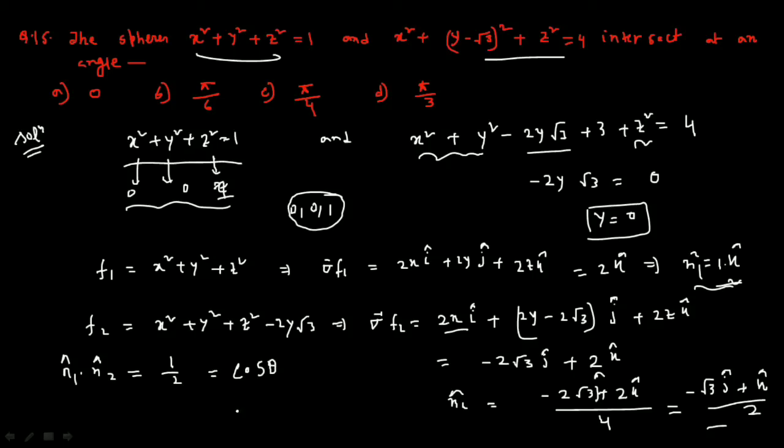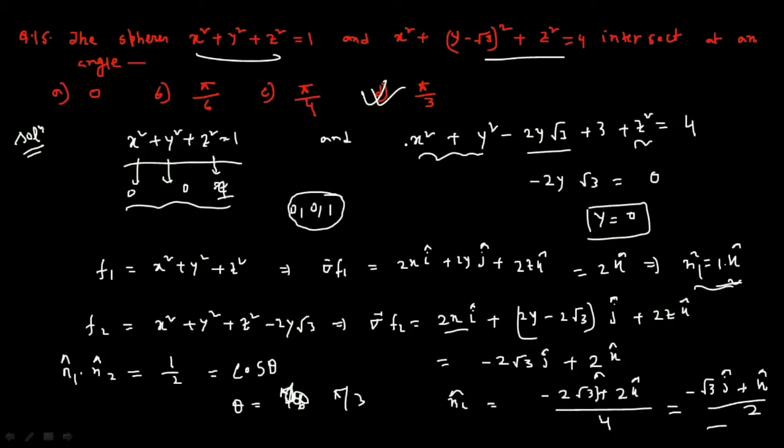So cos theta is equal to half, which means theta is pi by 3, not pi by 6. So this D will be the correct answer.